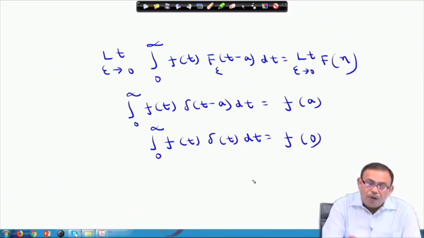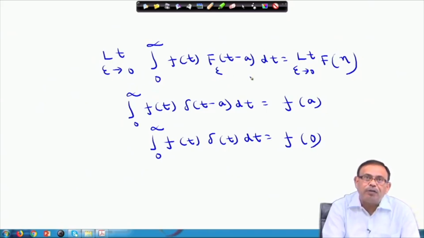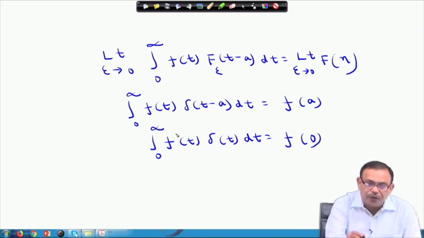So whenever epsilon approaches 0, the integral of f t into the Dirac delta function dt equals f a at that particular point. And whenever a is 0, I obtain the integral of f t into delta t dt equals f 0.